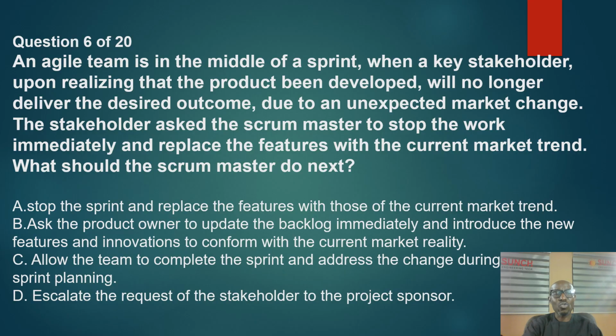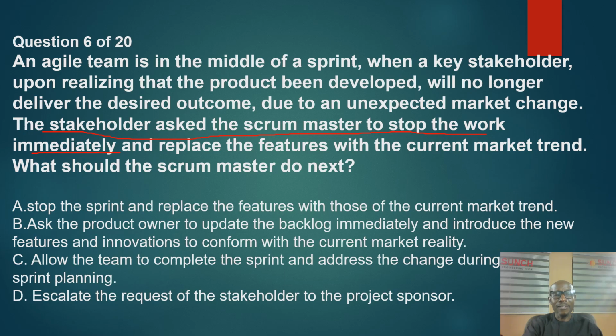The stakeholder asks the Scrum Master to stop the work immediately and replace the features with the current market trend. What should the Scrum Master do next? A. Stop the sprint and replace the features with those of the current market trend.